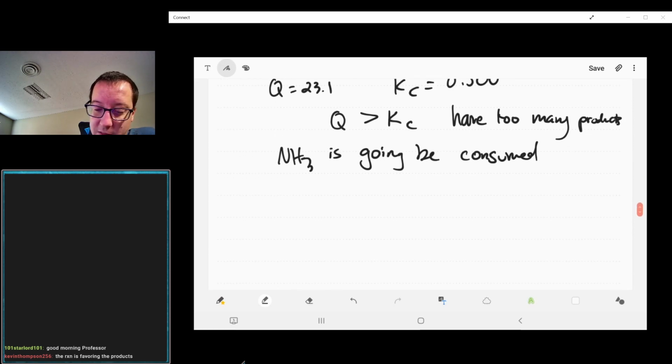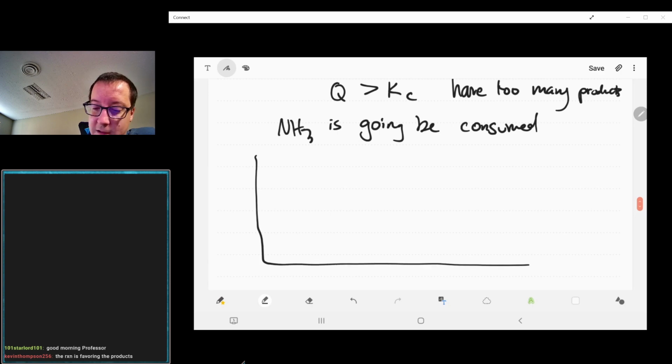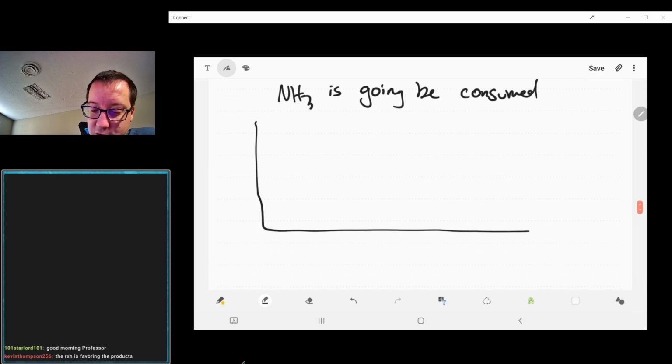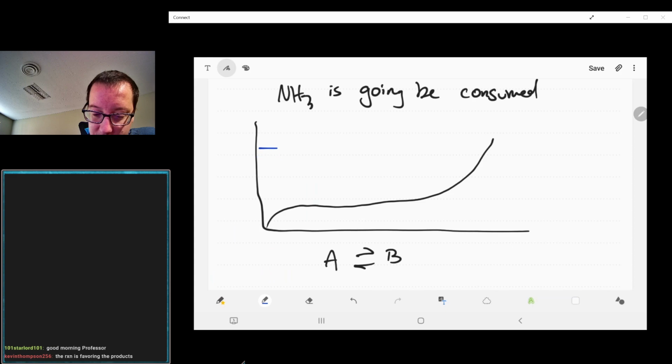If we take a look at what this means graphically, let's say we have some reaction, A turns into B, equilibrium-wise. If we take a look at A and B, let's see what this might look like on a graph.